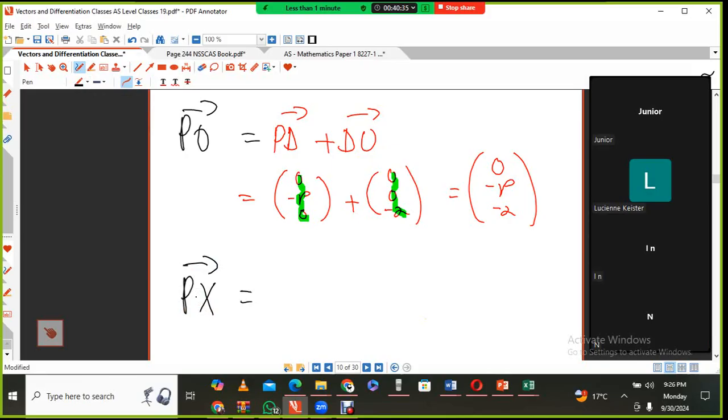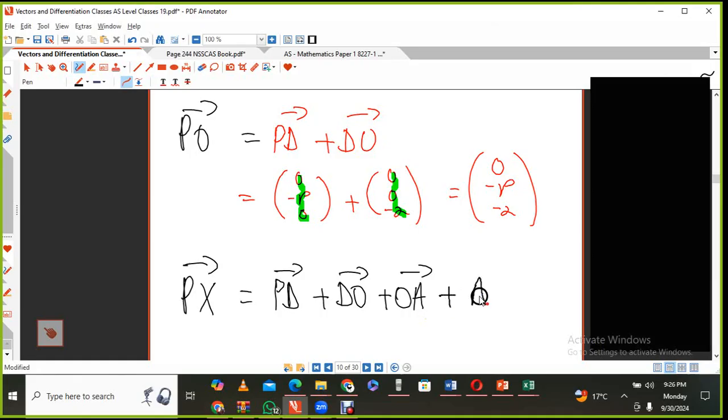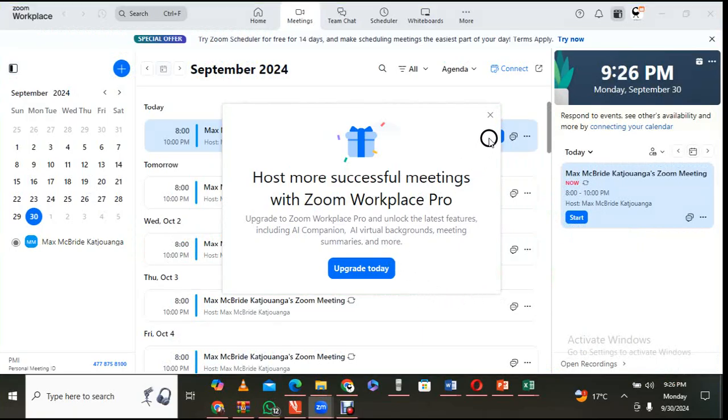Now PX, I'm going to write it down here. To go from P to X, look at your diagram. You go PD, you agree? Plus DO, plus OA, plus AX.